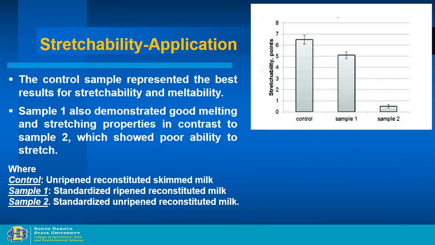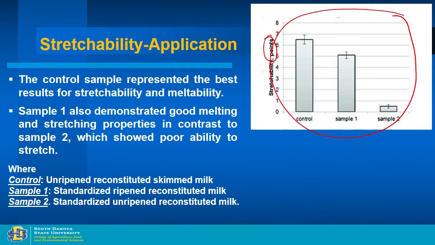So stretchability, again, when you see this graph here, what comes to your mind? I see points here. What kind of test is it just from looking at the data here? Sensory analysis, good point. Thank you.